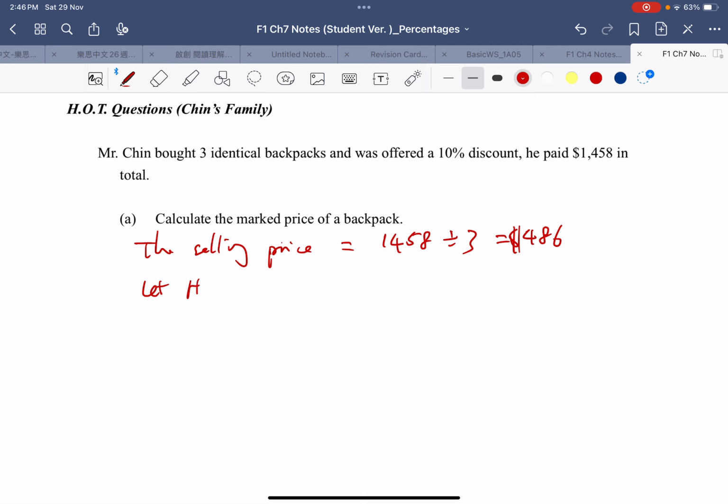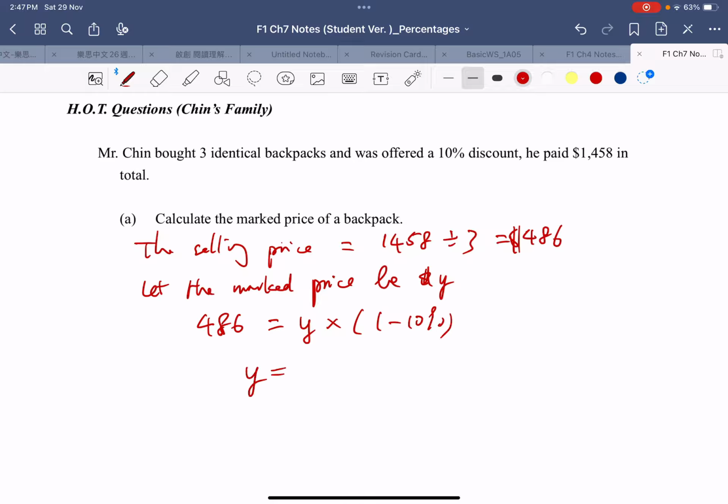Then let the market price be Y dollars. 486 equals Y times (1 minus 10%). And what is Y then? Okay, therefore the market price is 540.